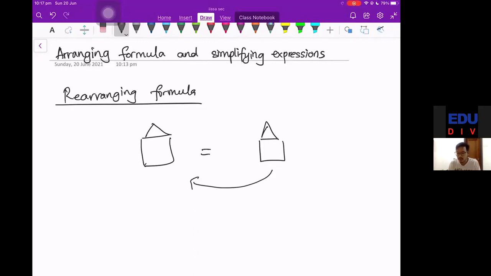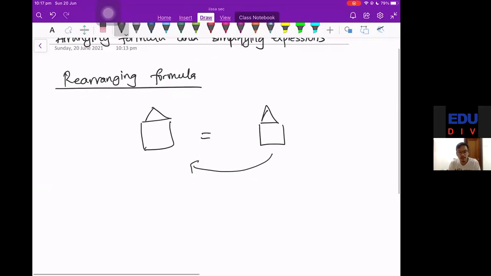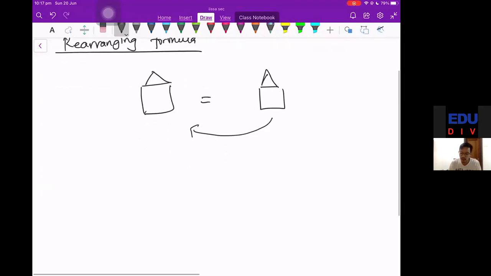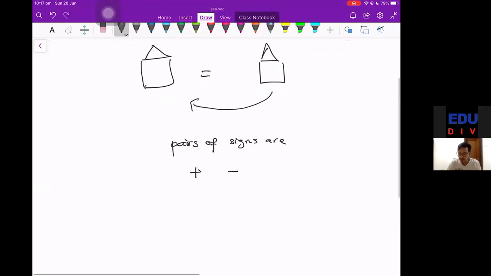The signs of the terms always come in pairs. The pairs are plus and minus, multiply and divide, and power and root.